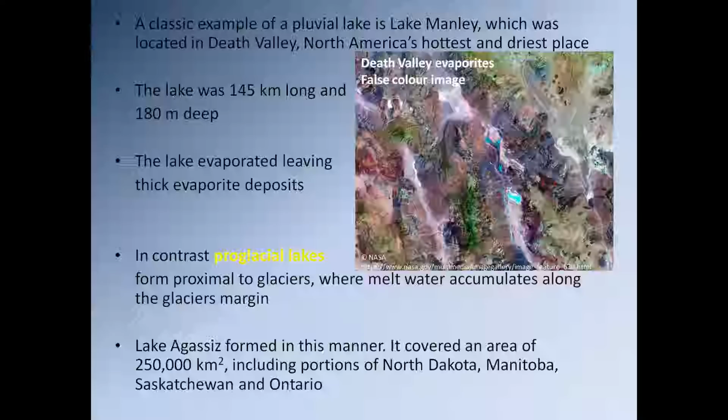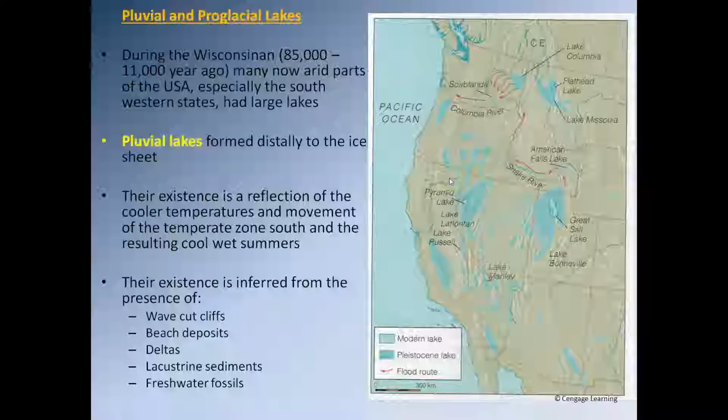And obviously what happened is as the ice sheets began to retreat, the area that is now modern-day Death Valley began to become drier, and so obviously the lake began to evaporate away, and that left very, very large quantities of evaporite minerals behind. And in fact, a great example of that is over here. So this is Lake Bonneville, arguably the largest of the pluvial lakes produced during the last ice age.